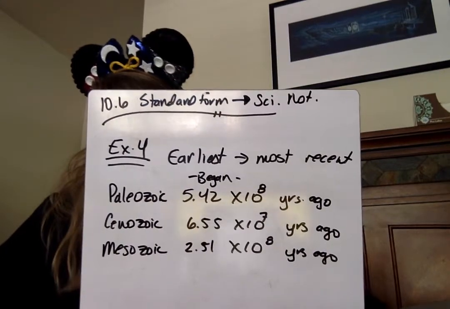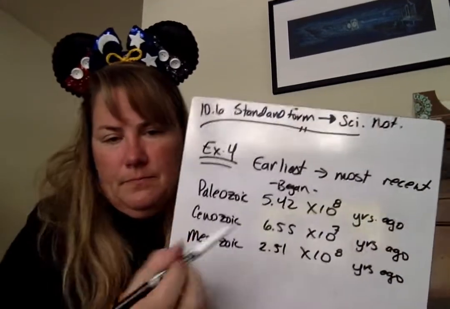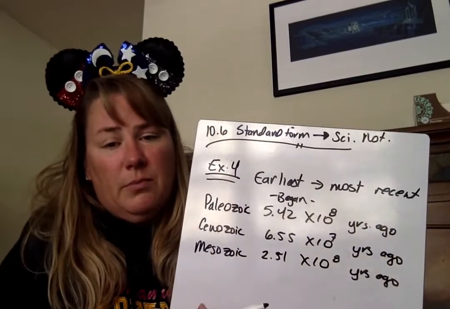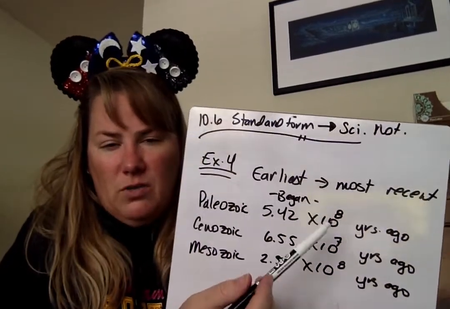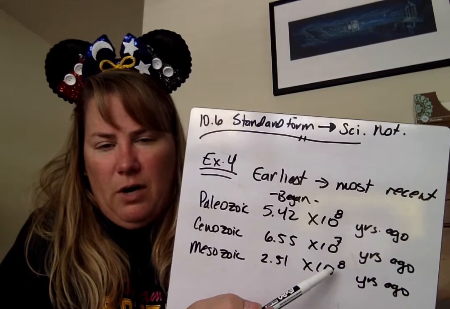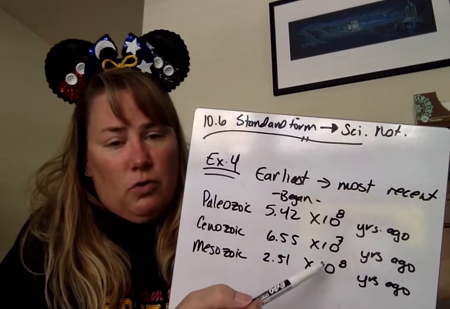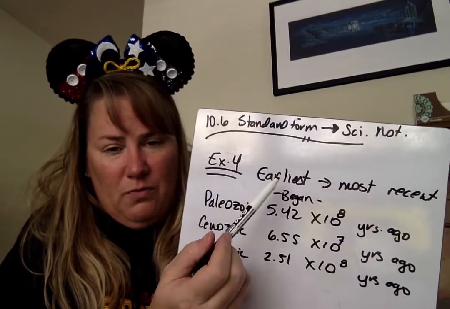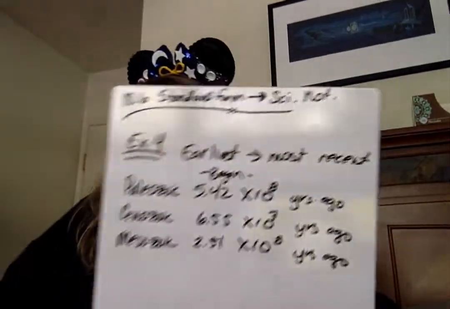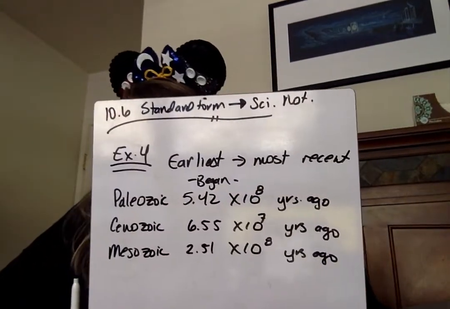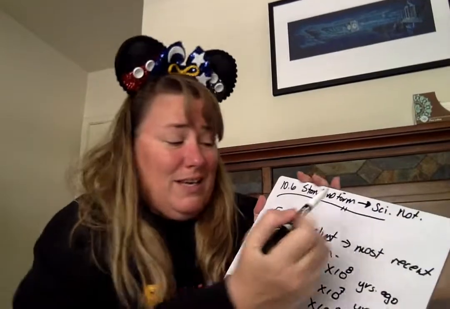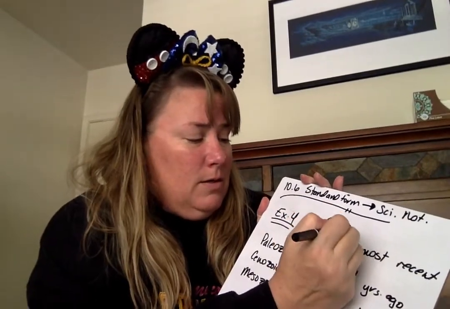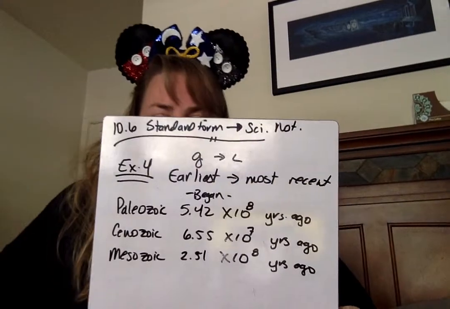Okay. Couple things you could do. Write these all in standard form and then compare the numbers. But there's also a power of 8, a power of 7, and a power of 8. And you know that 8 is greater than 7. So remember, if we're going from earliest to most recent, we are actually comparing them from greatest to least.